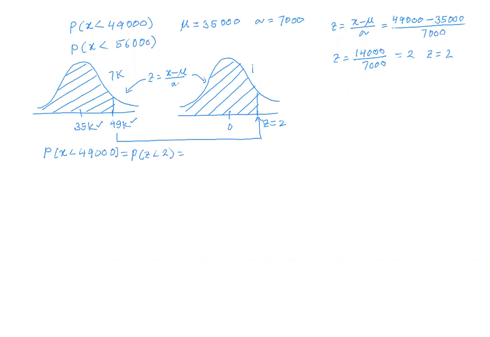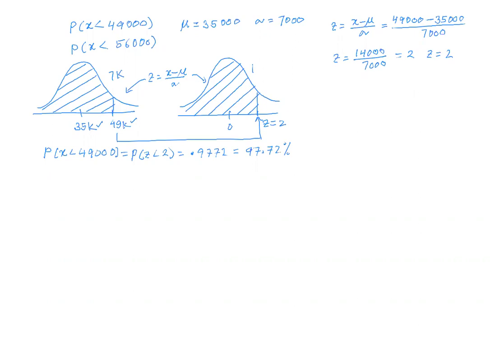Now you look into the positive Z-scores table, and 2 is the same as 2.00, right? So 2.00 gives you 0.9772, which is the same as 97.72%. That's how you'll do the first one.